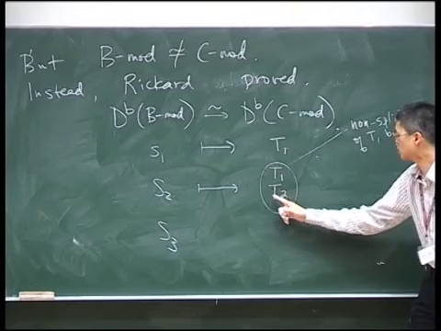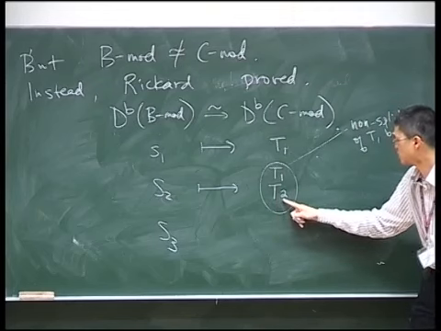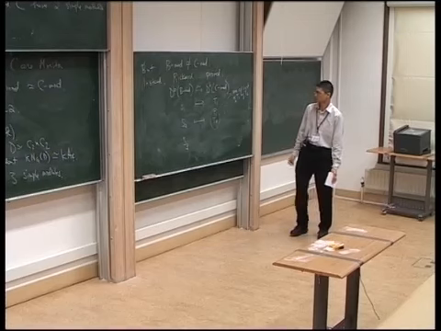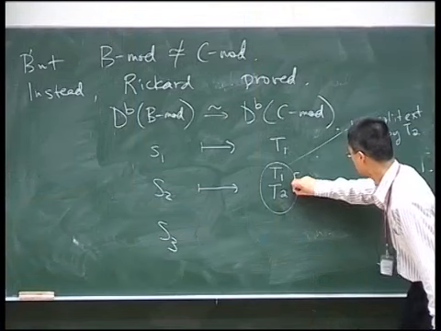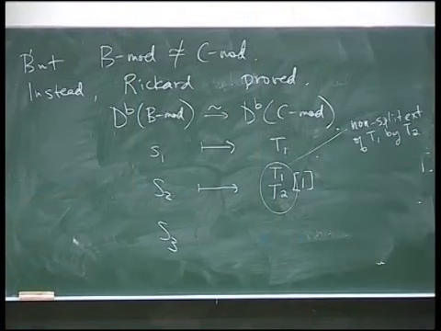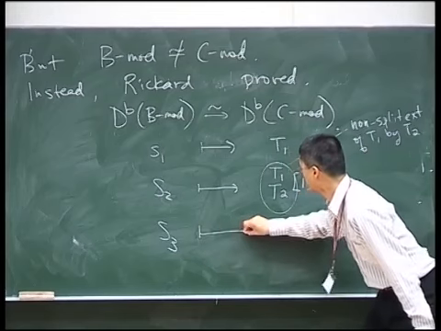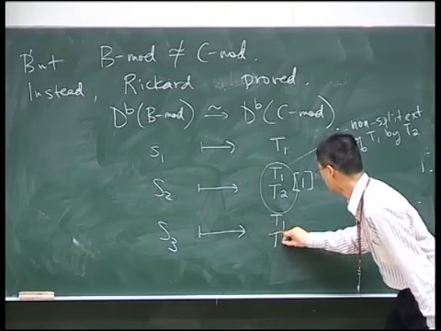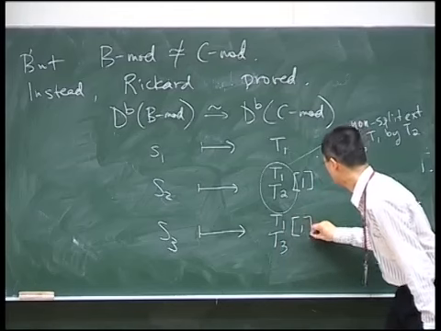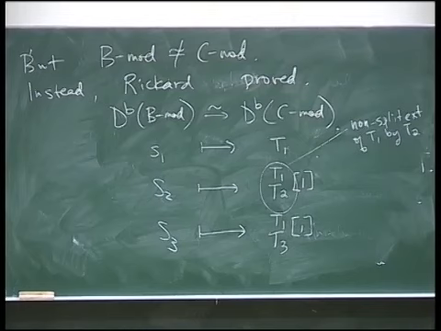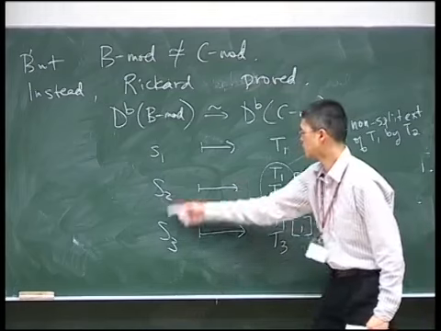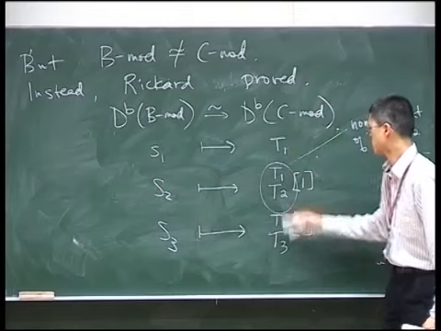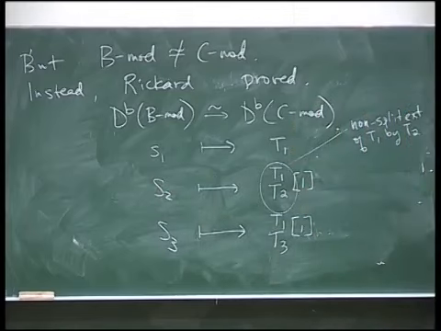So there's a submodule of this isomorphic to T2, but that embedding doesn't split. And this has to be shifted in degree by 1. Similarly, this last simple module gets sent to a non-split extension of the first simple module by the last one, again shifted by 1. So on this side the three simple modules under the equivalence go to things which don't look so simple.